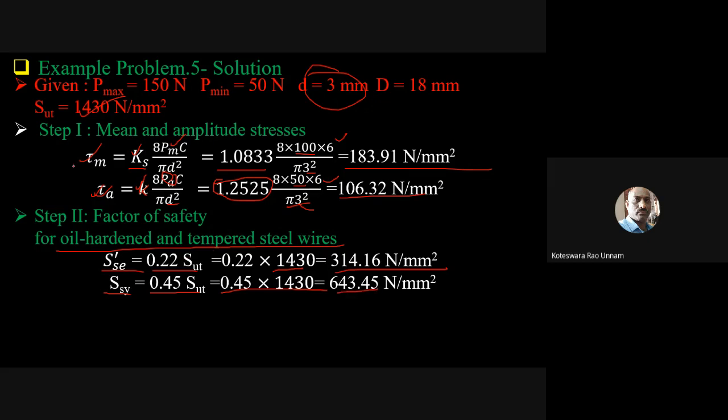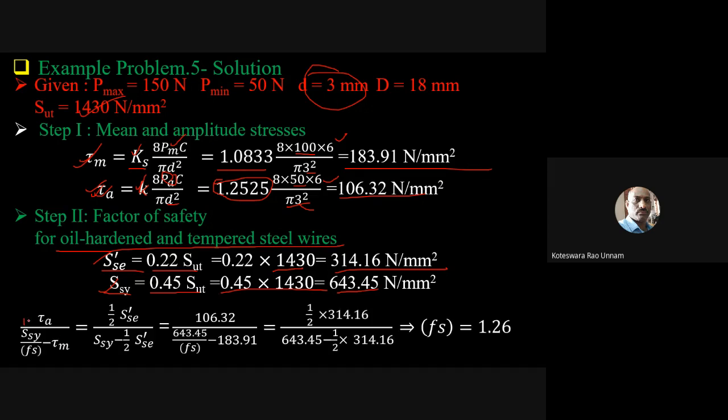So now once you have tau M, tau A, S_sc dash and S_sy, take these four values and substitute into that formula for the factor of safety. So this is the formula for the factor of safety. I'll substitute these four values. Your tau A, we got as 106.32. Then S_sy, we got as 643.45. Of course, I'll keep Fs as Fs itself.